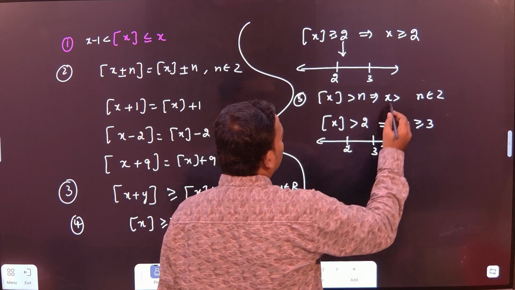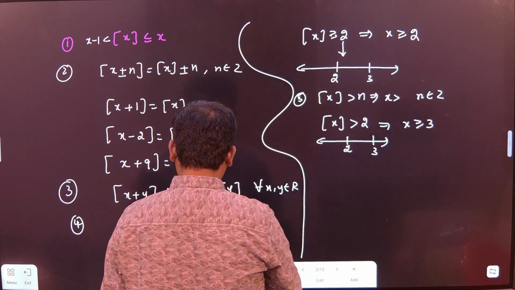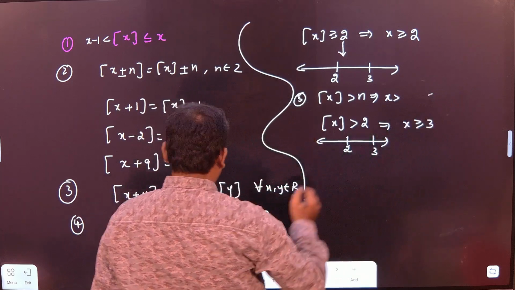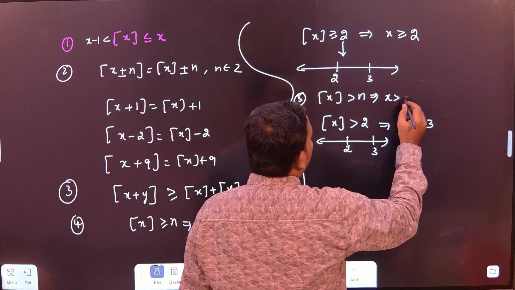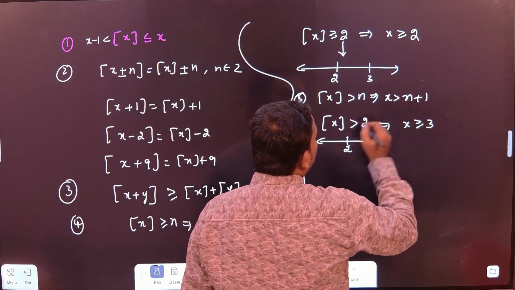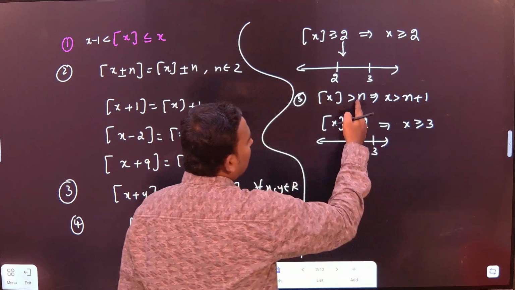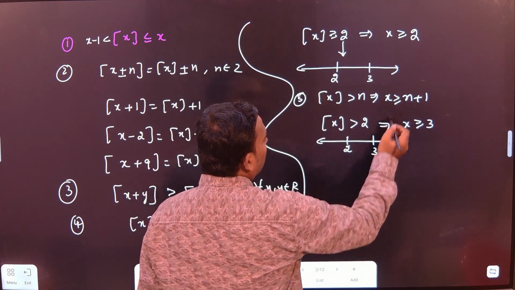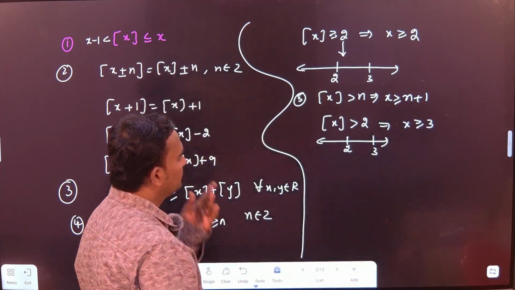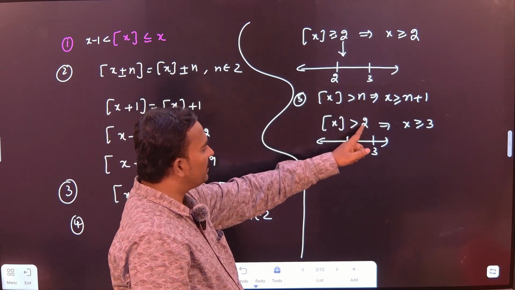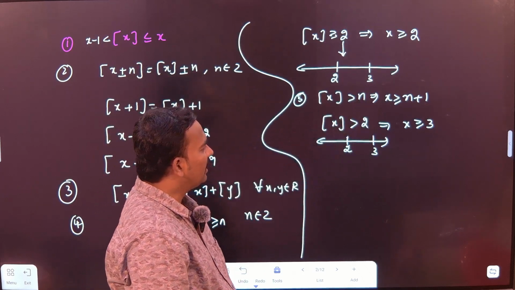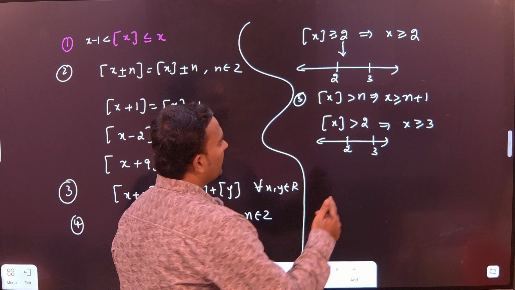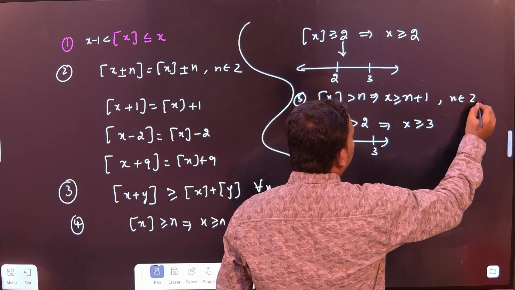So how to write this quickly? x is greater than or equal to n plus 1. Suppose here n is 2, then 2 plus 1 is 3. So replacing n with 2, 2 plus 1 is 3, x is greater than or equal to 3. Clear? n belongs to integers, right?